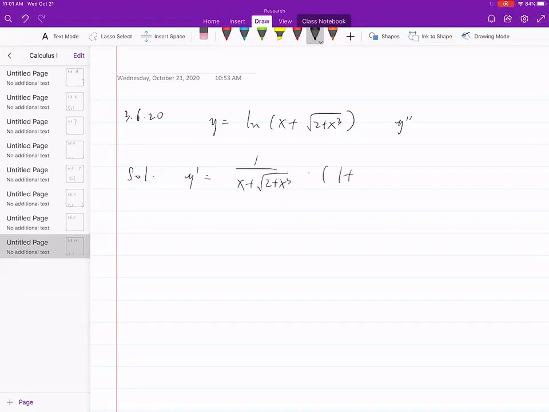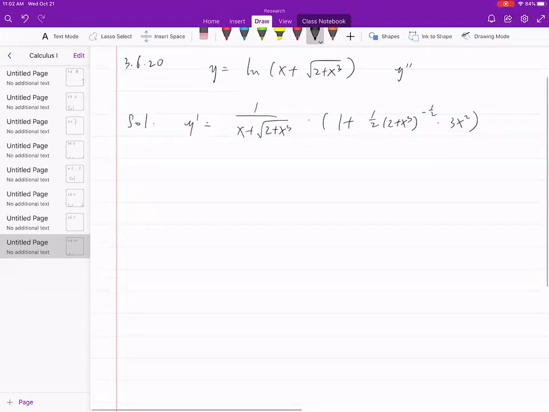Derivative of the inside. And I don't think there is anything I can simplify anymore, so I will just keep it that way. Yeah, maybe make it look a little bit nicer.